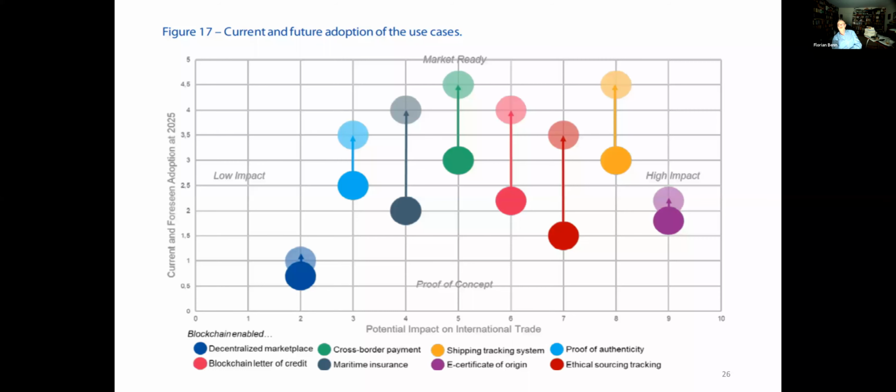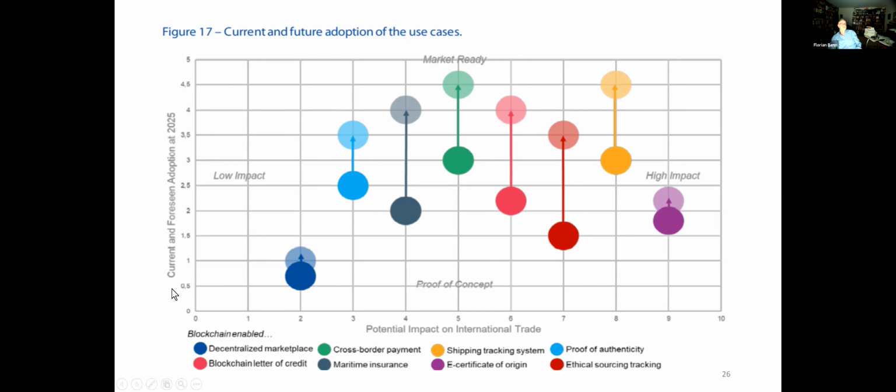Now, if you look at this slide, this is from that report, I borrowed it from that report. It's called Current and Future Adoption and Use Cases. Underneath, you see blockchain enabled. On the x-axis is potential impact on international trade, which is what the European Commission and European Parliament are extremely interested in, in the context of Europe. 26 countries are trying to create a smooth, easy international trade environment.